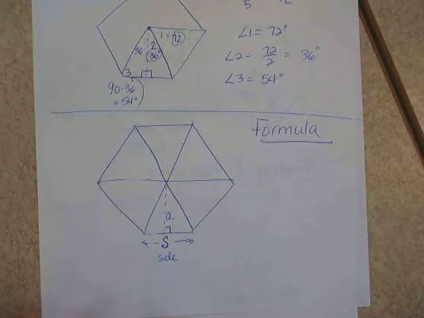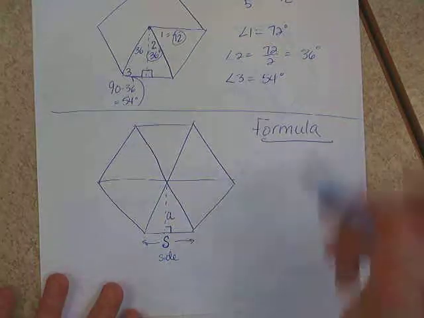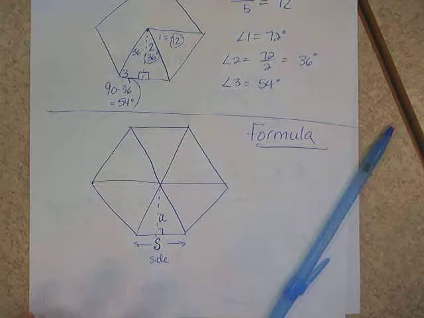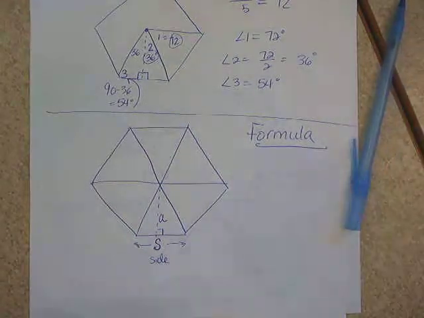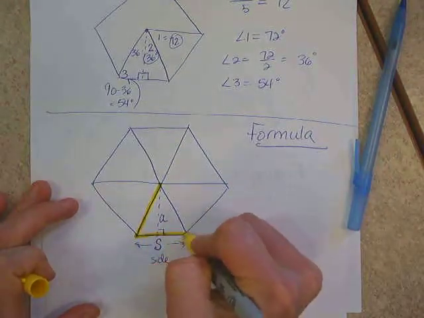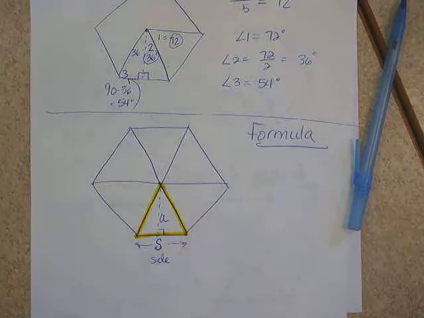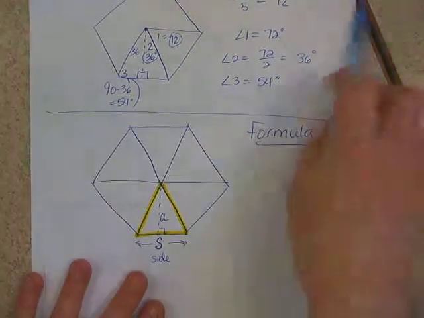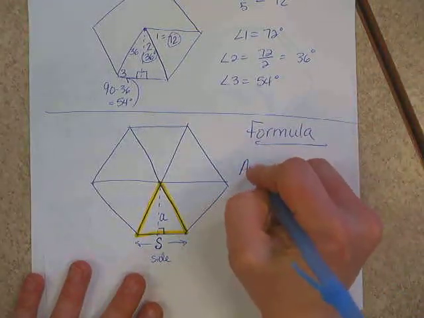Okay, now ignoring everything else you see except for that triangle, it's just a triangle, right? Yes? If I can find the area of this triangle, since it's congruent to all the other triangles, if I multiply it by the number of triangles, I should have the entire area, right?